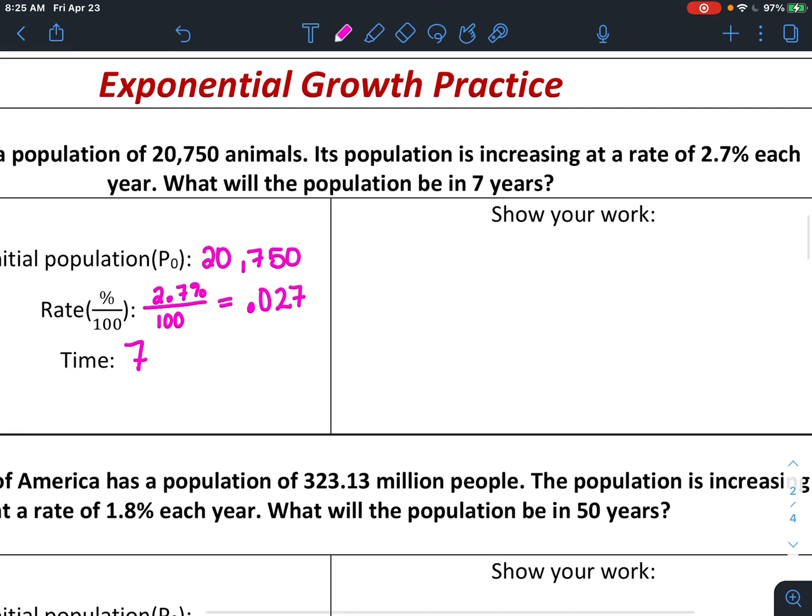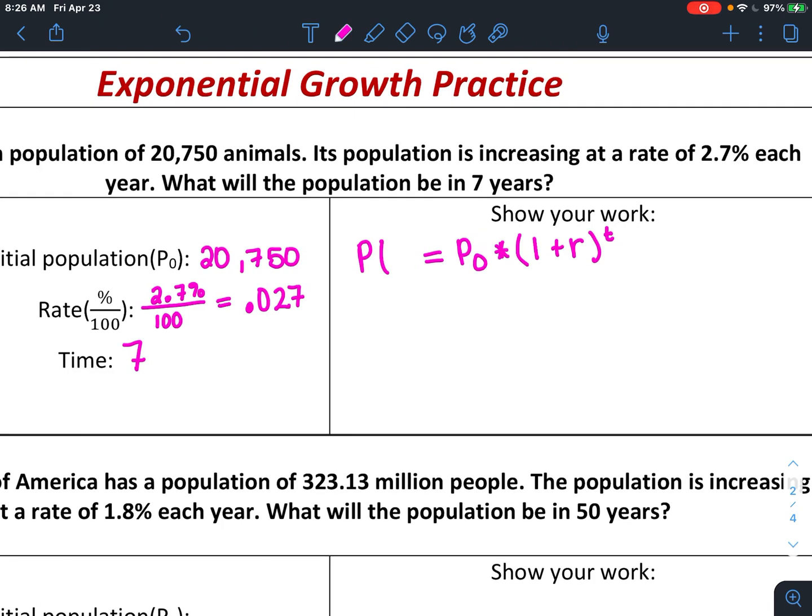So let's solve, showing our work. So the formula is P of t. Oh, t stood for 7. So P of 7. What's the population in 7 years? That's what that means. Equals our initial population times 1 plus r to the power t. Oh, I think I jumped a step. That t should have remained.